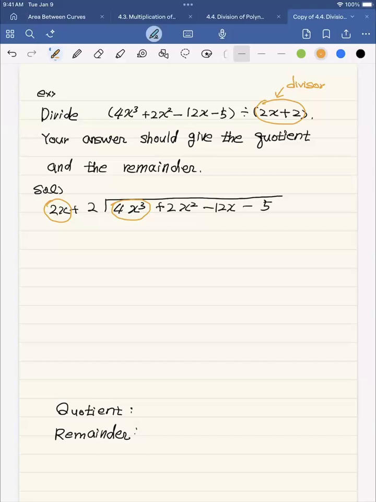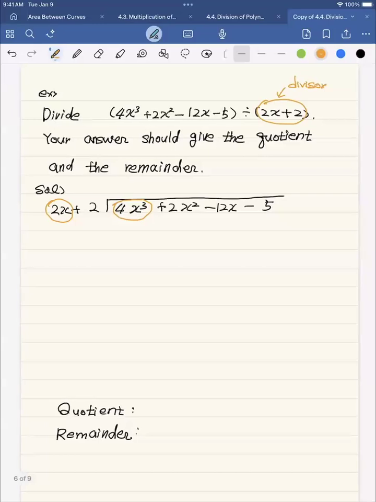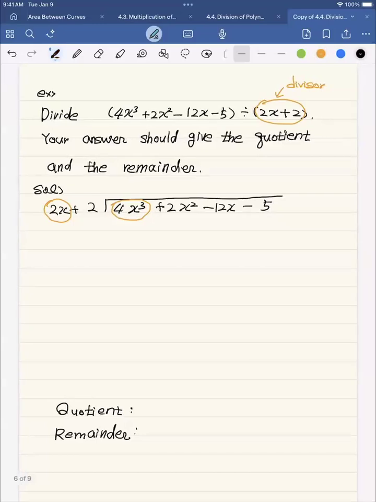So if we consider the multiplication, then we have to write 2x squared here. Then, as I said, you will think about the multiplication with the divisor.